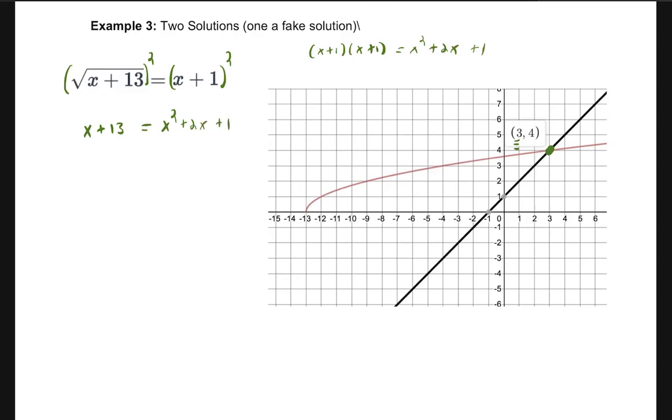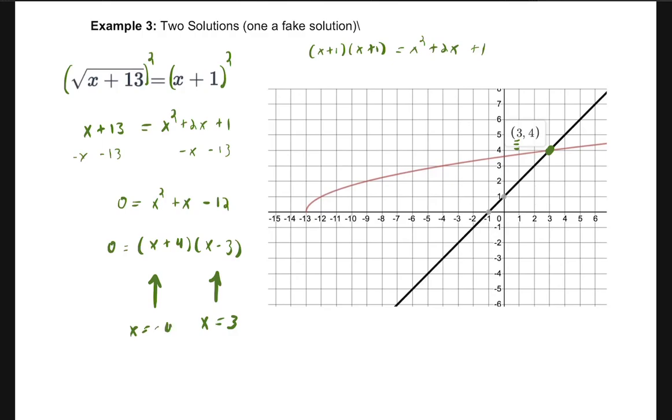This is going to be an algebra 2 equation solve, but it's going to lead us to a false solution. So we're going to have 0 is equal to x squared plus x minus 12. 0 is equal to, this is going to have to be a plus 4 times a minus 3, x plus 4 times x minus 3. And so we would see our solutions are x equals 3 or x equals negative 4.